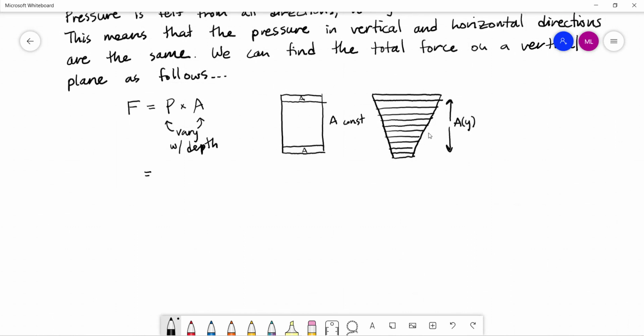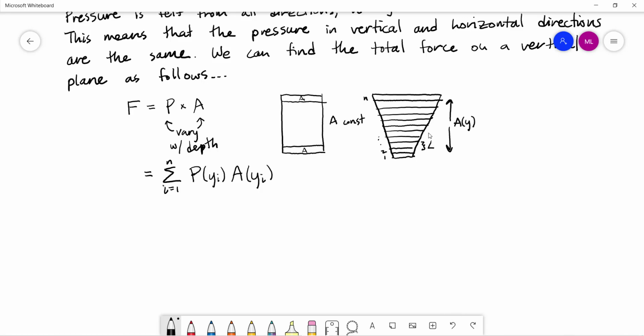So in this case, if we want to find the total, what we'll do is sum from i equals 1 to n, maybe this is 1, 2, dot dot dot, up to n at the top, of the pressure at that given point, so at the depth y_i, times the area at that depth y_i. And for the way we're slicing it up, this is going to be my little dy, or delta y, however you want to write it.